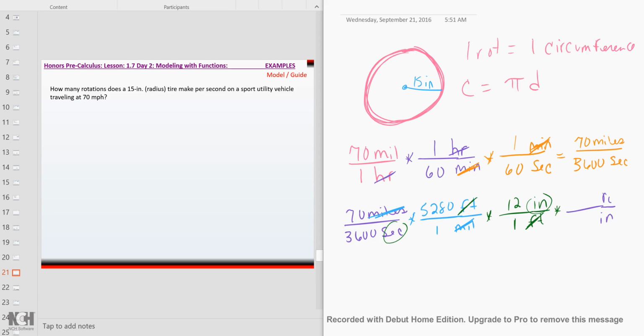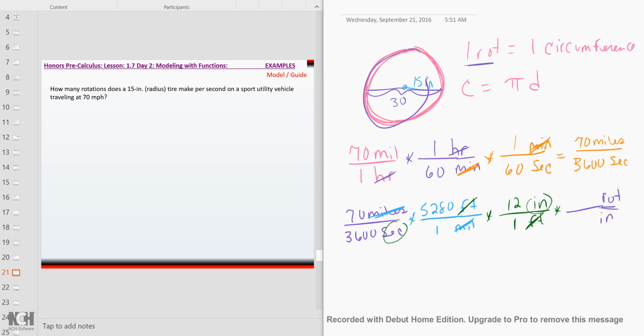And now I can go to rotations because that's what my tire is in. Now that's going to take a little figuring, but it's not hard. If I can get the circumference of the circle, I will know what 1 rotation is, and I can put it up here. So if my radius is 15, then my diameter is 30.